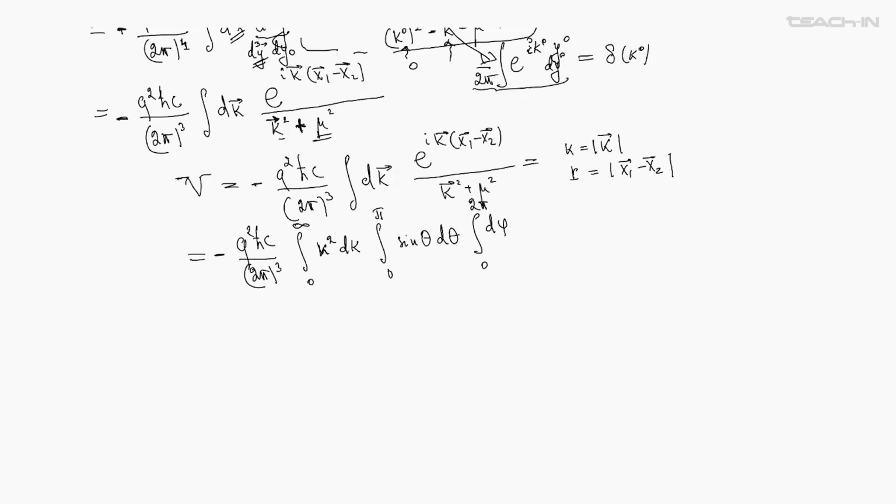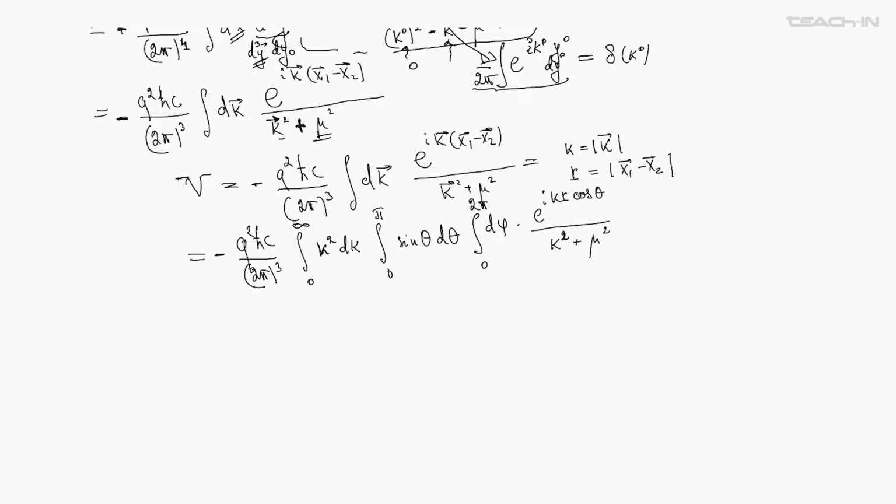And then there is an expression which we need to integrate. It's the exponential of i k r cosine theta, divided by k squared, the square of the length of vector k, plus mu squared. About the spherical coordinate system, you can think about it in the following way.